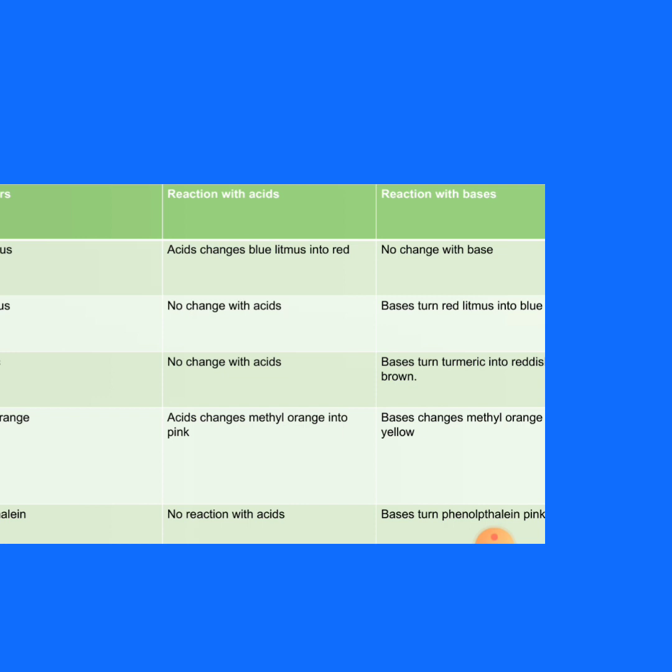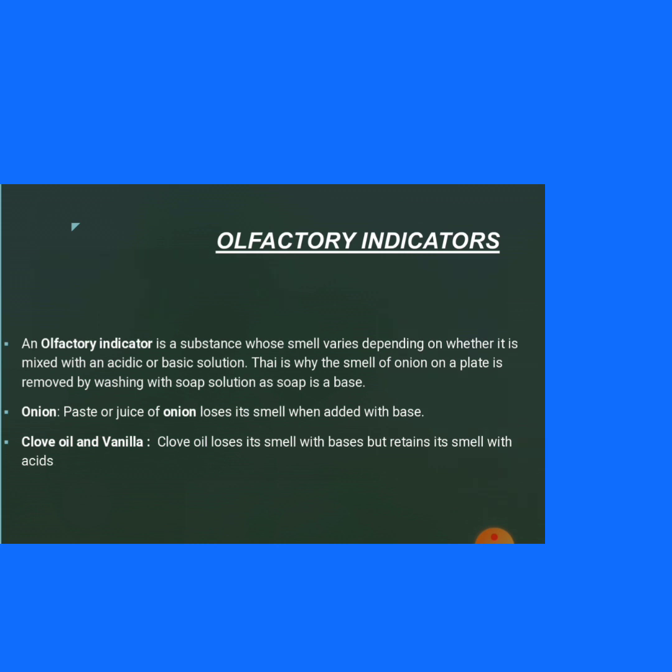Now child, we next go to the next indicator, that is known as olfactory indicators. Before I explain these definitions, you can try this at home. You take a plate, it can be steel or any glass plate, cut some onions into it and keep it for some time, covering with another plate or a cloth.